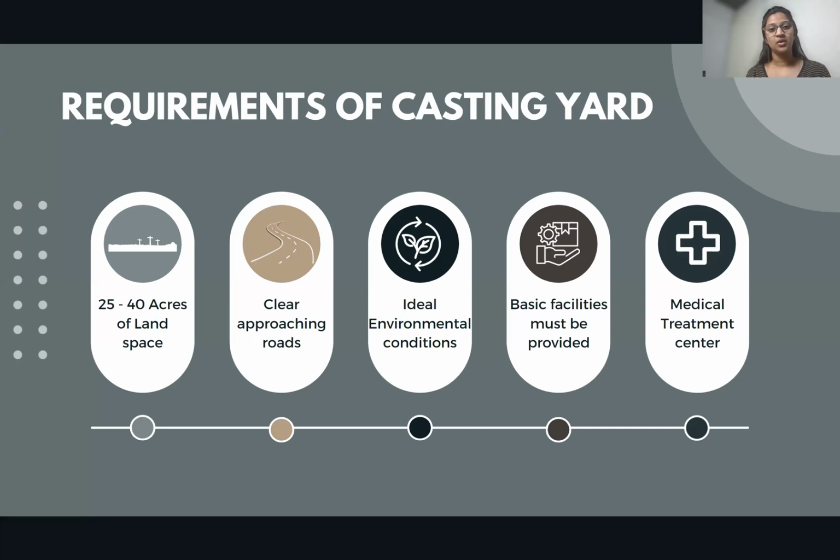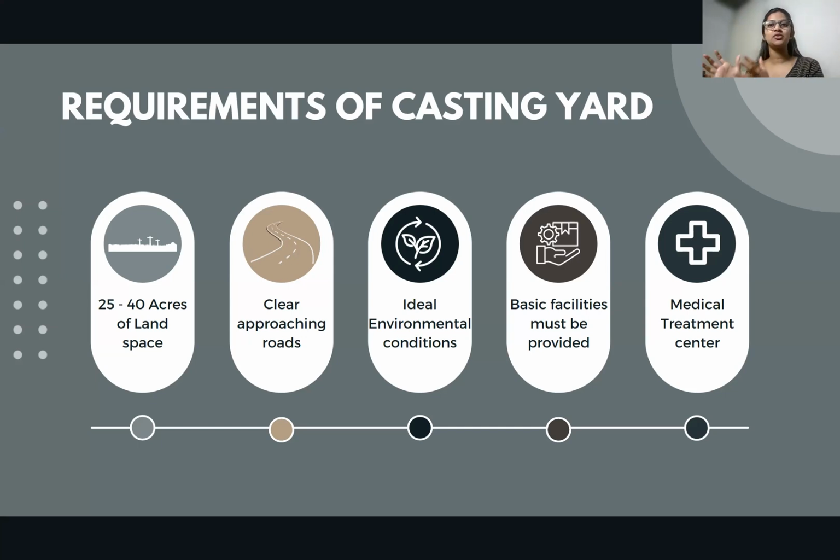So now let's see what we have with respect to the requirements of the casting yard. The casting yard definitely requires a huge amount of space, because in one section you will be working on all of the reinforcement work, the bending of the reinforcement.